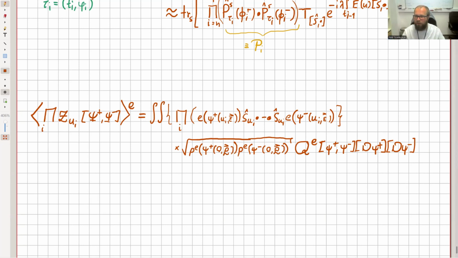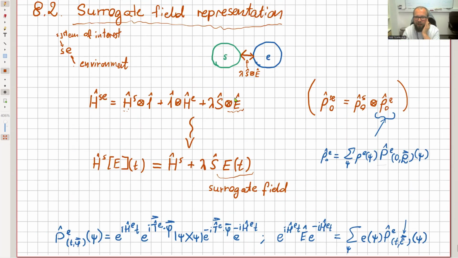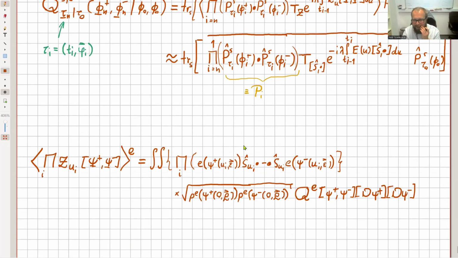And now what I want to do is, because there is only one coupling operator here, and this is the guy we want to actually replace with the surrogate field, this coordinate here is always the same.